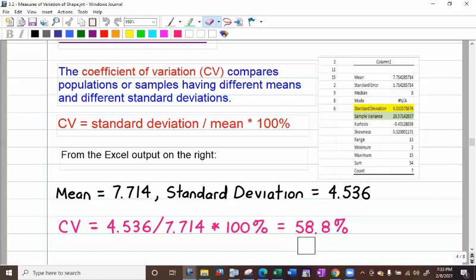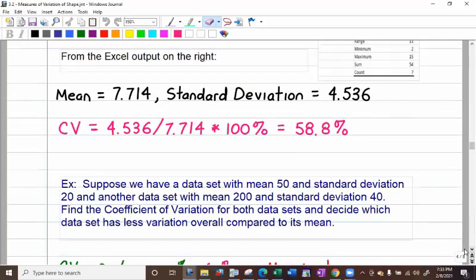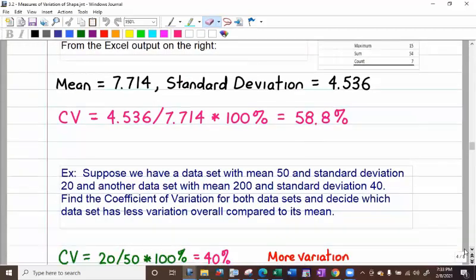But otherwise, you could have a larger standard deviation than mean if the numbers are really spread out. So if you did one of these problems and got 212%, and you automatically think, oh, I must be doing something wrong, not necessarily, because there's no limitation on what that value can be. I can't remember if that comes up in the homework or not, but it certainly could be on the exam, even if it's not in the homework.